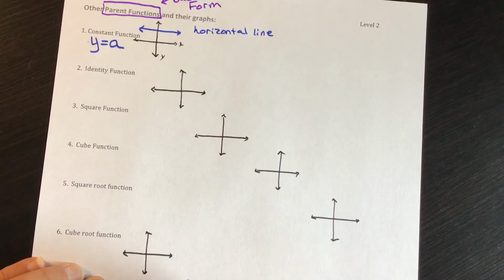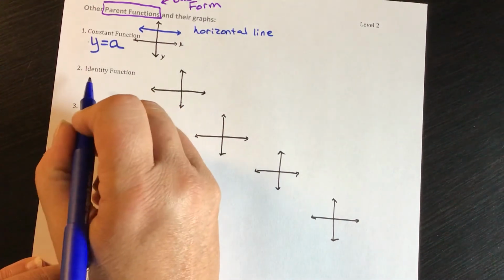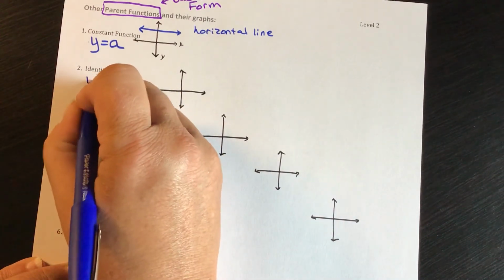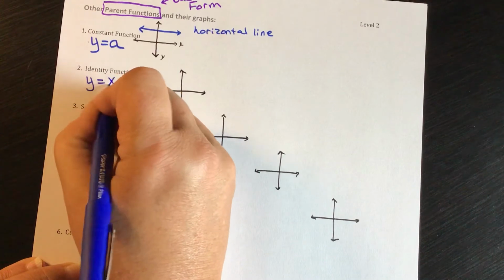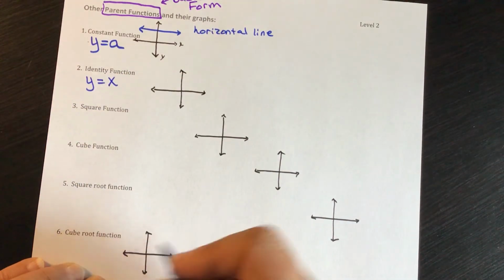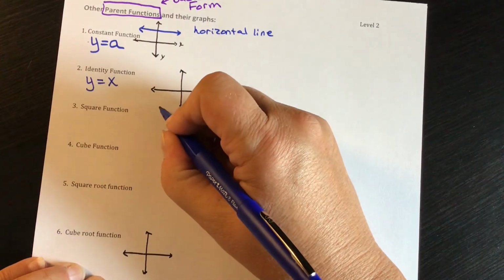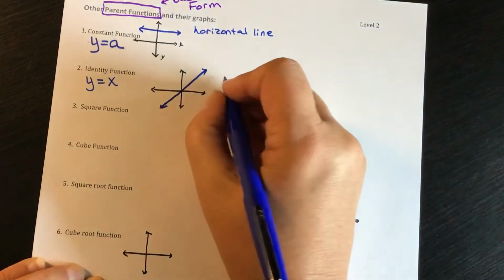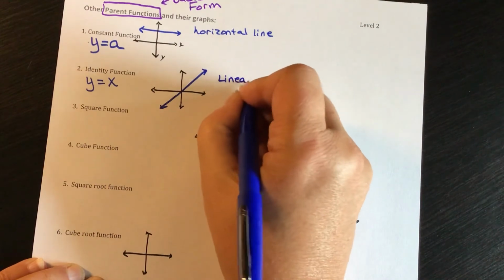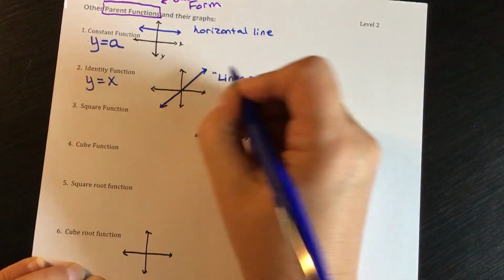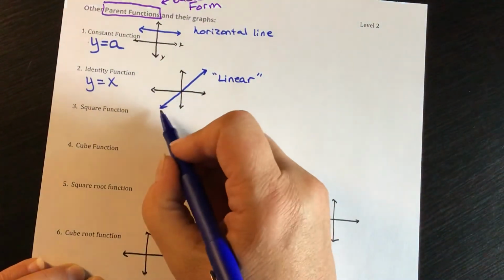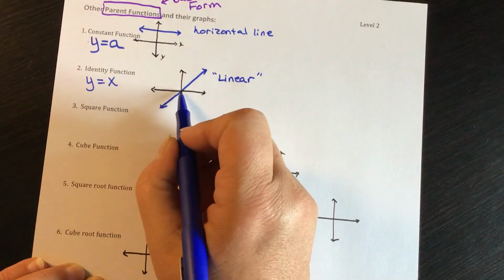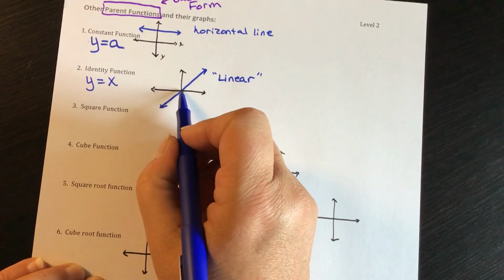An identity function. Identity means where something equals itself. So y equals x. And this is a line. Okay, so this is a linear equation. And it is a line with slope 1 and going through the origin.